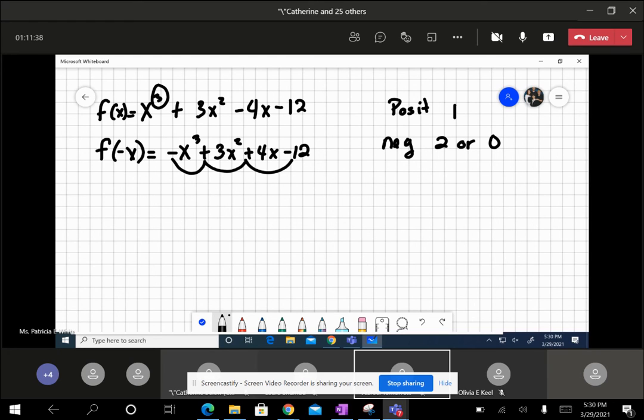So this one's kind of nice in that A is 1. So all I need is my factors of 12, right? Because it would be P over Q, and since Q is 1, it's just going to be P. So I have plus or minus 1, plus or minus 2.